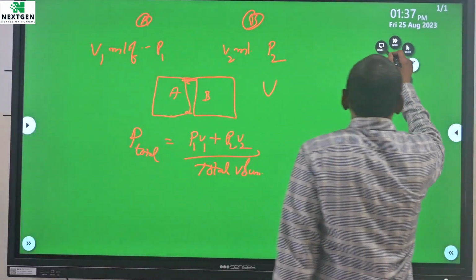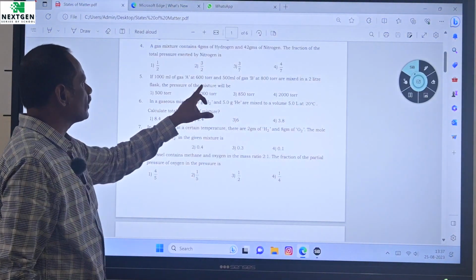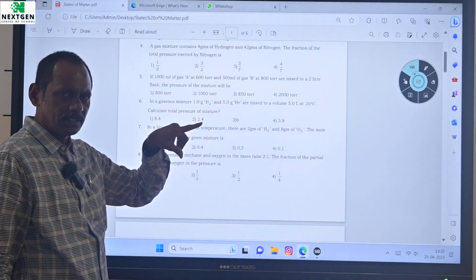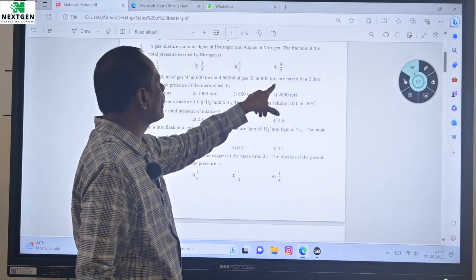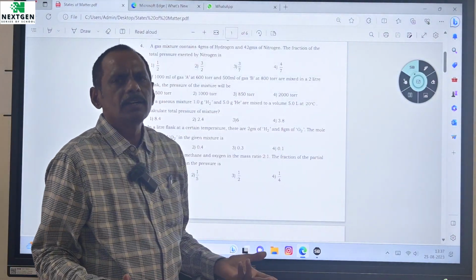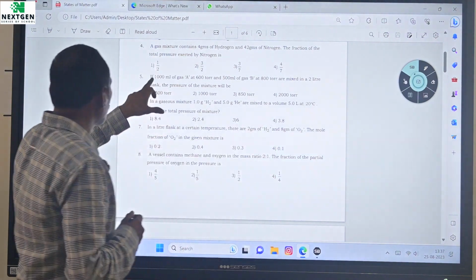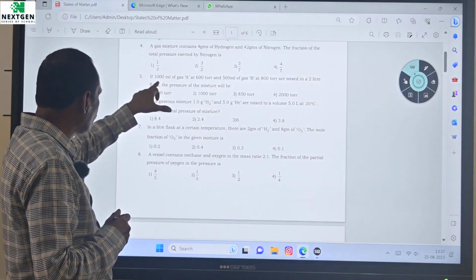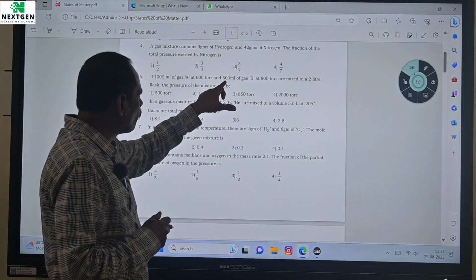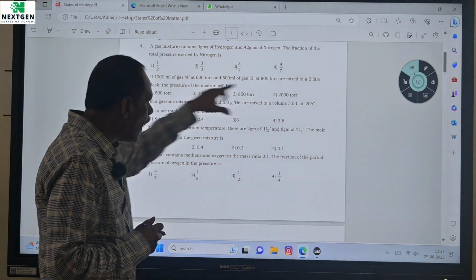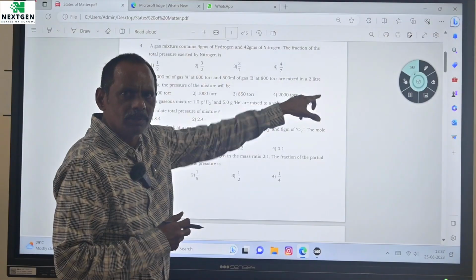In our previous question, here 1000 milliliters of gas A at 600 torrs and 500 milliliters of a gas B at 800 torrs are mixed in 2 liters vessel. So P1 V1 plus P2 V2 by the total volume, that they are mixed in 2 liters volume, total volume.